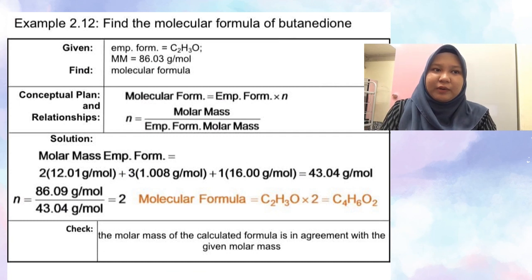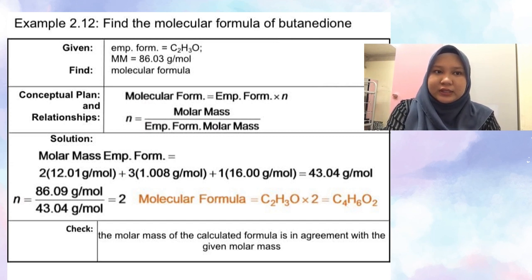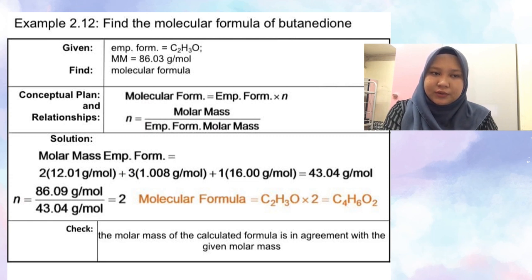Example 2.12, find the molecular formula of butanedione. The empirical formula is C2H3O and the molar mass is 86.03 grams per mole. Conceptual plan and relationships: the molecular formula equals the empirical formula multiplied by N, and N equals the molar mass divided by the empirical formula mass.